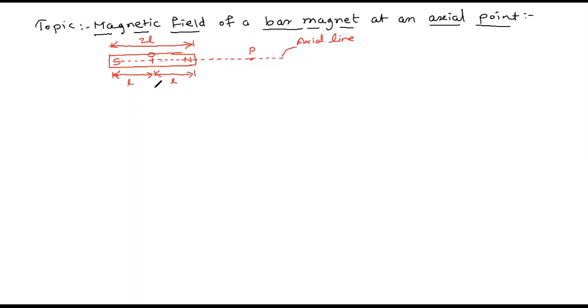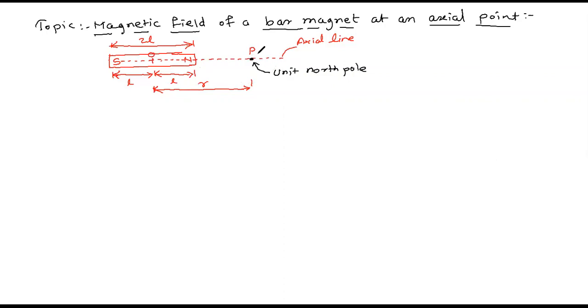So from the center of the bar magnet, this point P is located at a distance r. Now we have to imagine a unit north pole placed at this point P.